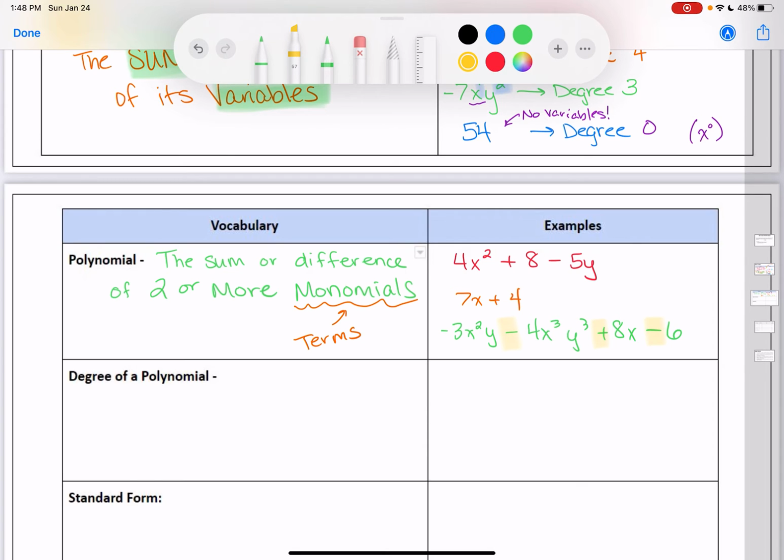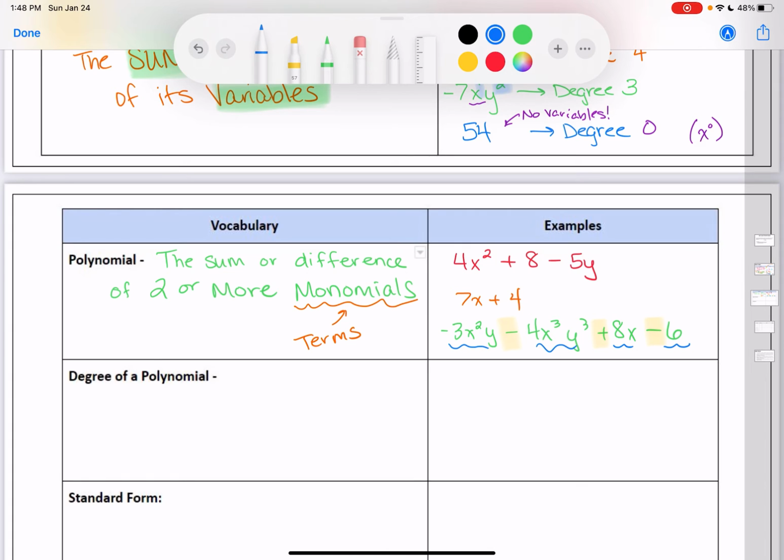So there's my pluses or minuses. That means here's 1, 2, 3, 4 terms in that polynomial. Now that will come into play quite a bit coming up here in just a little bit. So just making sure you understand the idea of what a polynomial is when you connect two or more of those terms using pluses or minuses.